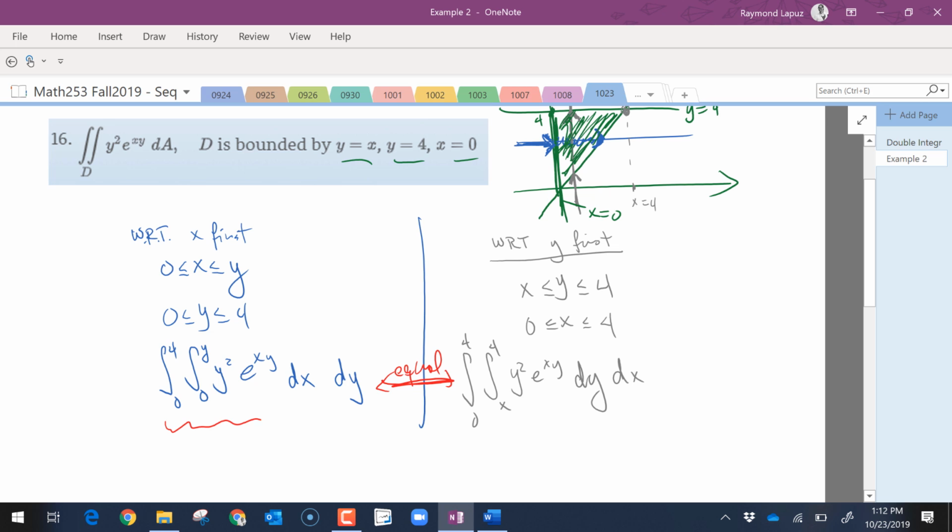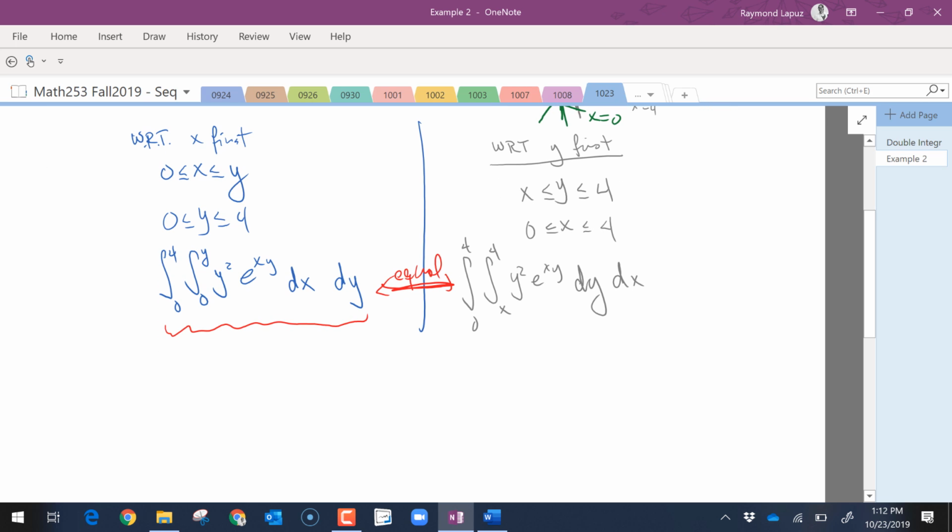Imagine if you took an integral that did not have constant limits and you switched the order just by switching the order, so that you go 0 to y, 0 to 4, y squared e to the xy dy dx. Is this valid? No. You cannot just switch the order to get the same integral. Okay? It violates that rule where the outer limits have to be constant.